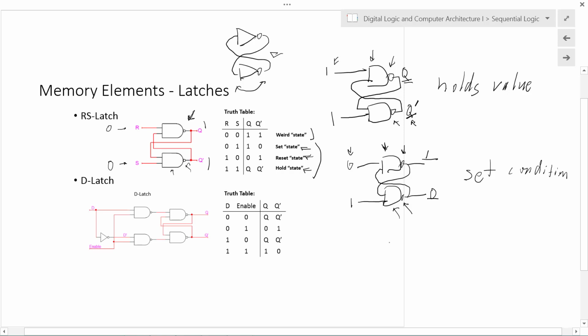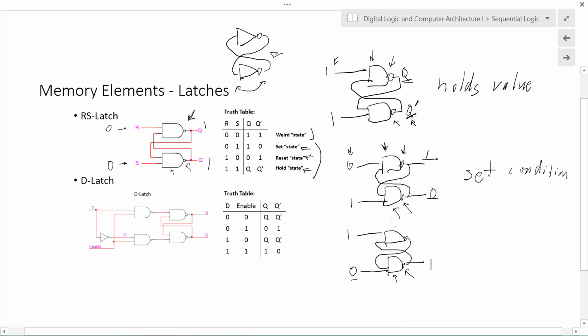What about if we wish to set Q equal to 0? We can draw this here. 2 NAND gates. Let's draw our feedback paths. 1, because we don't wish to set, but we wish to reset, so we place a 0 here. 0 ANDed with anything is 0, but when we invert it, we are going to get 1.